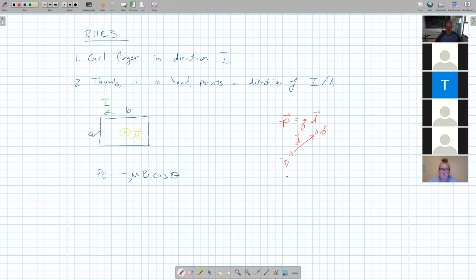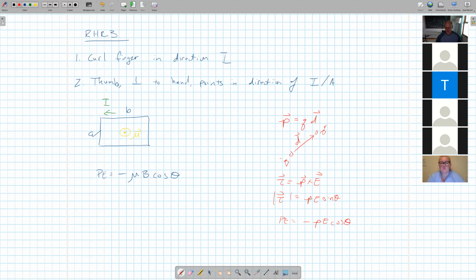If we put that into an external electric field, what we found was that the torque was equal to the moment crossed with the external electric field, or the magnitude of the torque was equal to the moment times the electric field times sine of the angle between the two. And then the potential energy was equal to minus the moment times the electric field times cosine of the angle. So these have exactly the same structure.